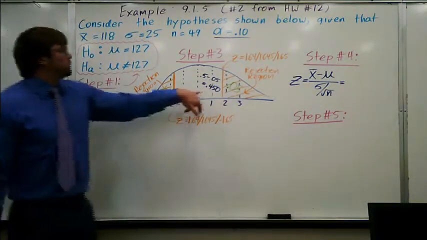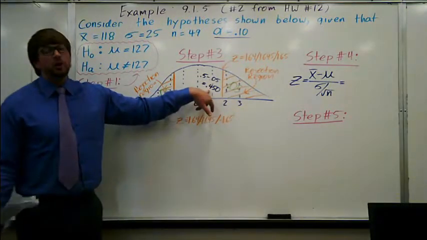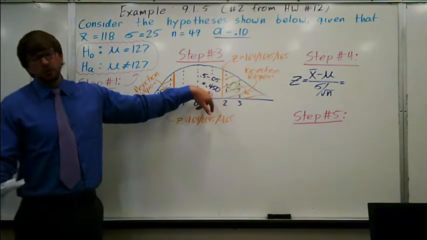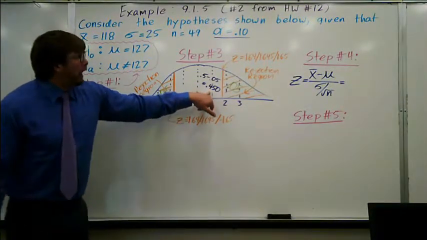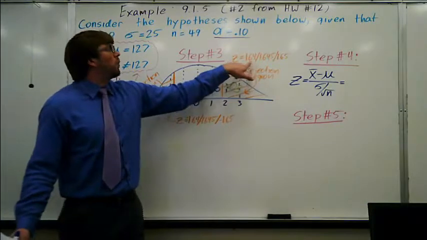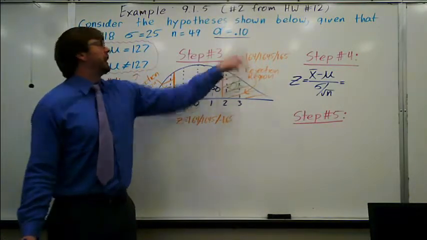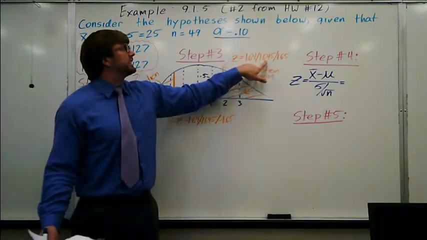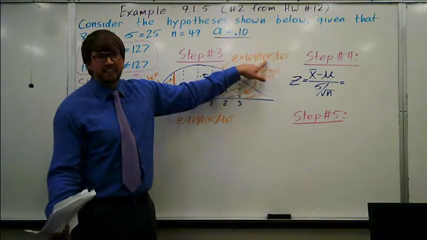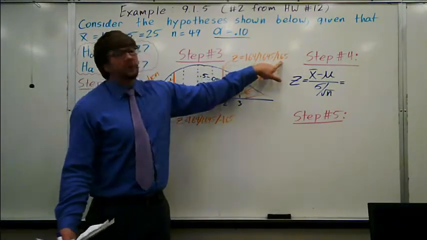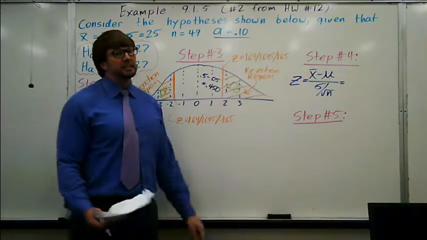Now, you can't find 0.450 exactly in the standard normal distribution table. You would either get 1.64 if you round it down, 1.645 if you figured out the exact value, or 1.65 if you round it up.